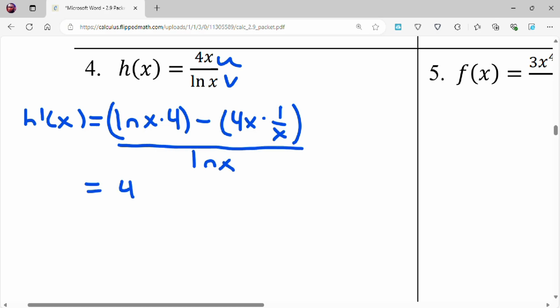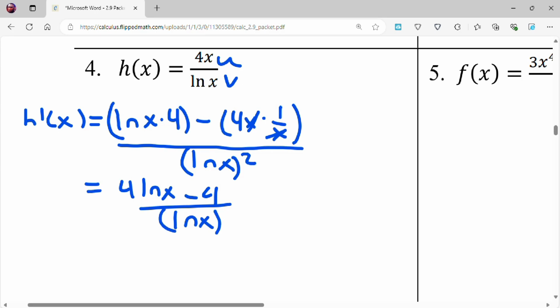So we can simplify here. So 4 ln x minus, the x's cancel out, 4 over ln x. And if you pay attention here, this ln x should be squared. So don't forget to square your ln x or else your answer will be wrong. Okay.